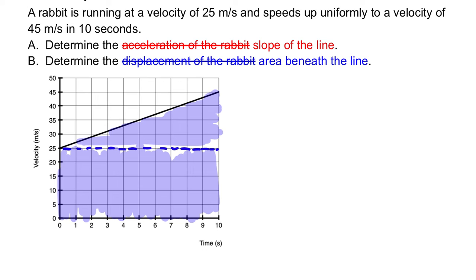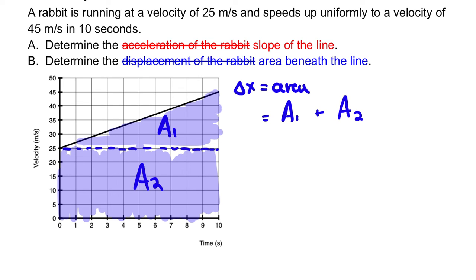I personally do not, and it will suffice just to treat this as like two different shapes. So when we find our displacement, we do have to talk about the area, but in this case, what we have is area 1, the triangle, with area 2 right beneath it. Okay, very much like how when we derived the displacement equation.